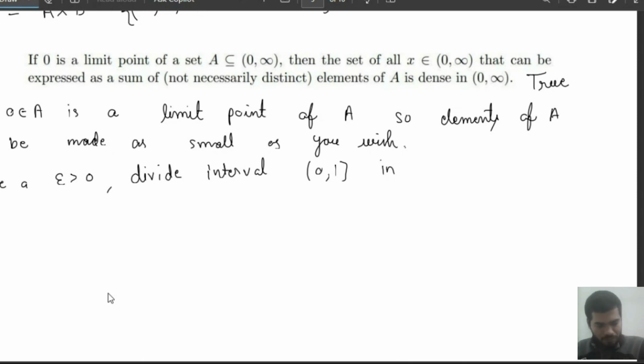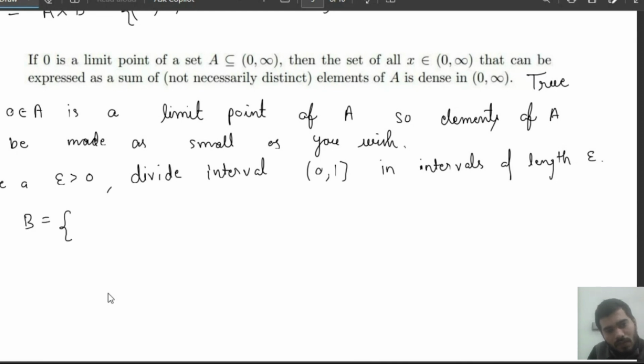Divide into intervals of length epsilon, and call P equals the summation i equals 0 to n of a_i, a_i belongs to A. So what is the set?